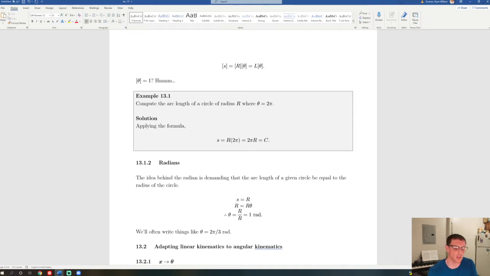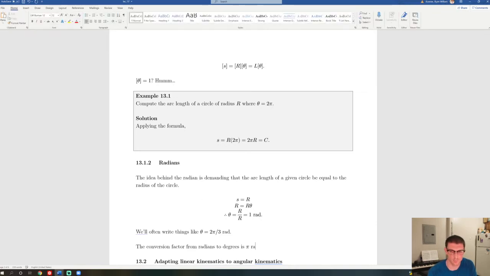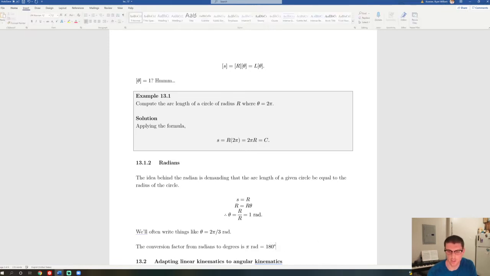And so let me just say this: the conversion factor from radians to degrees is pi radians equals 180 degrees. And that's really all you need to know. If you don't really understand anything else about this, it's just another way of expressing angles.